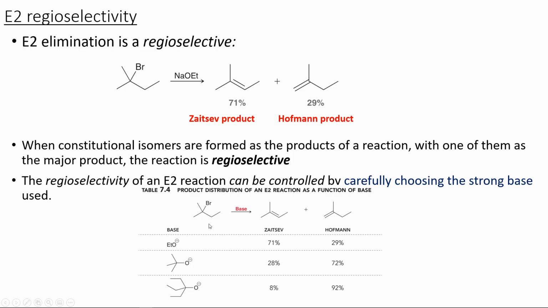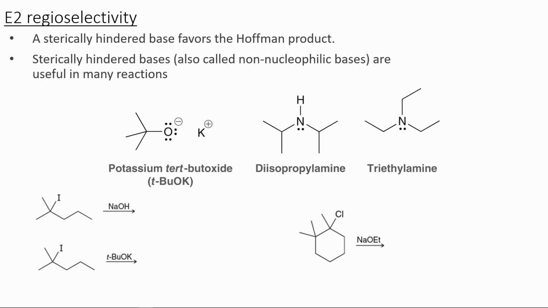So the bulkier the base you use, the larger amount of the Hofmann product you'll observe. A sterically hindered base is going to favor the Hofmann product. Here are a few examples of sterically hindered bases that you should add to your arsenal of reagents that we can use.